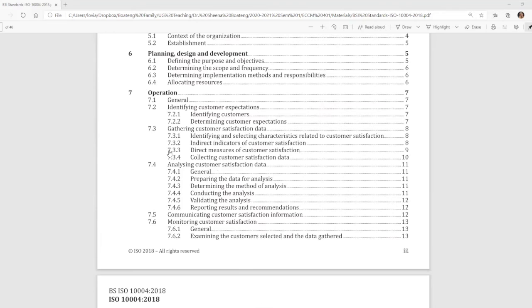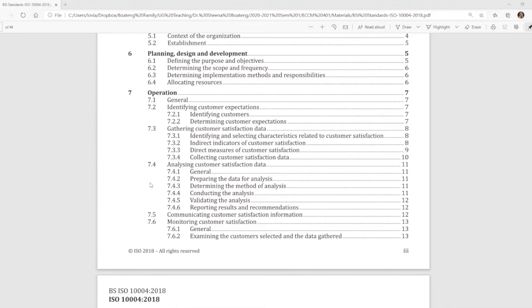Look at the operations. What do you see there? Identifying customer expectations. Good. Determining customer expectations, gathering customer satisfaction data. Do you see that? Yes. Good. Do you see analyzing customer satisfaction data? Do you see that? Yes.